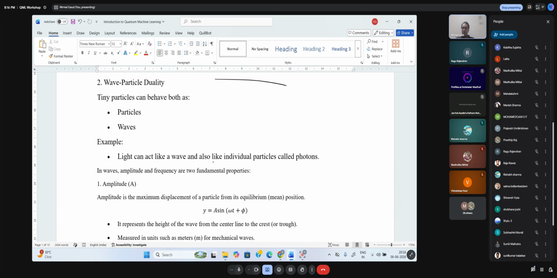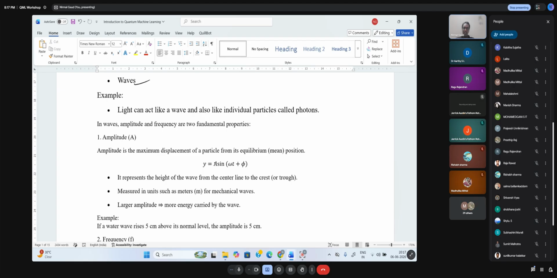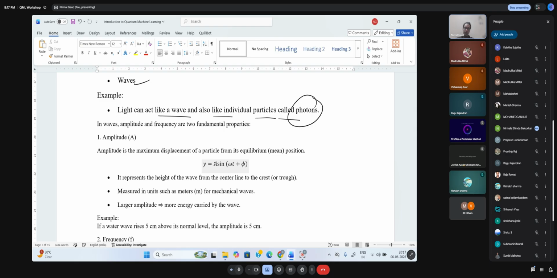Also, wave-particle duality, I already cleared it for you. Tiny particles can behave sometimes as corpuscular or particle, and sometimes as a wave also. Light can act as a wave, and also as individual particles called photons.